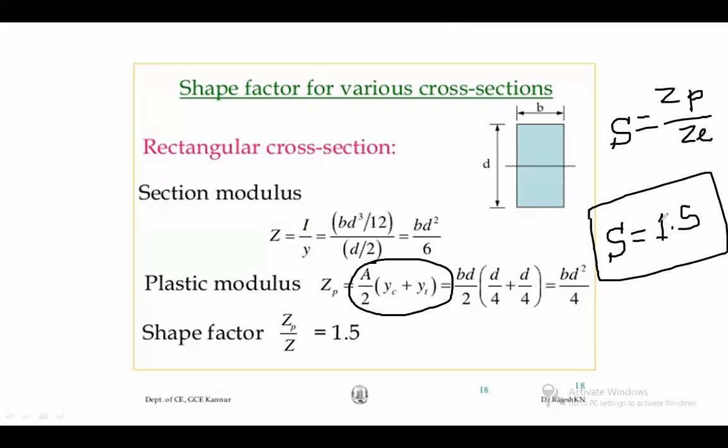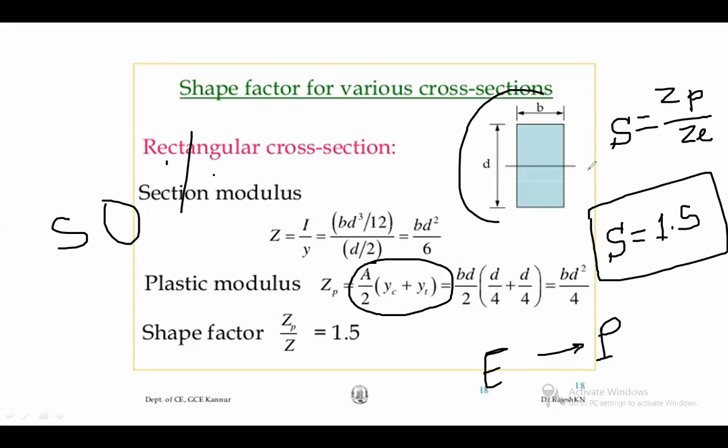Without changing the section dimension, you are only changing the method of design, from elastic to plastic. For the same section, if you change the method from elastic to plastic, you get 50% additional capacity, or reserve strength, for the rectangular section.